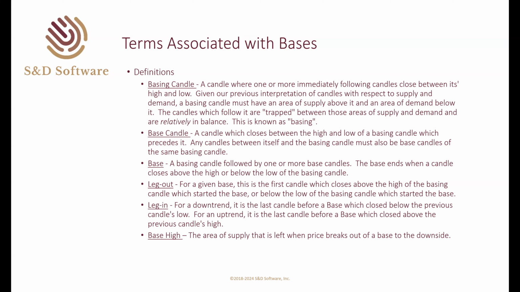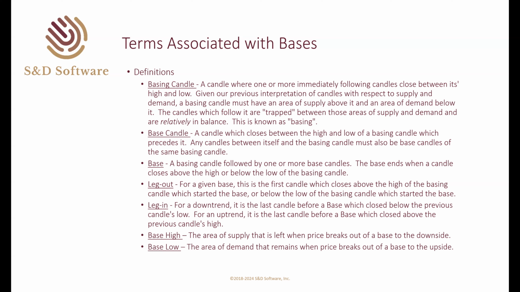Now, we have these two terms here. Again, these were in our prior training. We have the base high and the base low. The base high refers to the supply that was left behind when you have a base that broke downwards. If you remember, we have supply above and demand below the base.